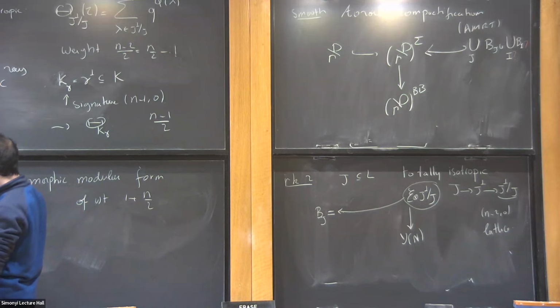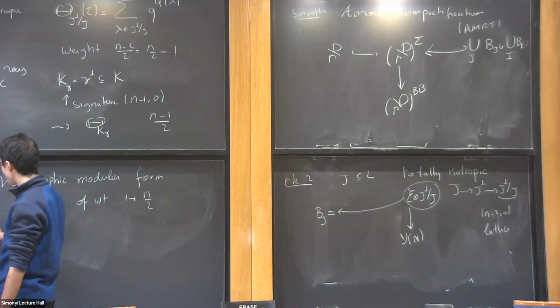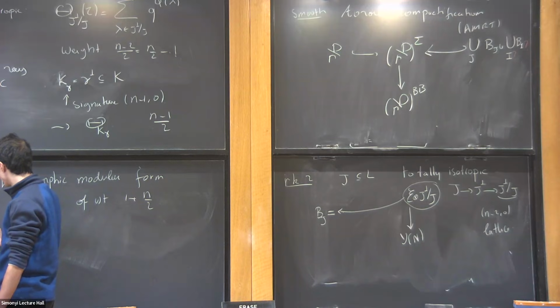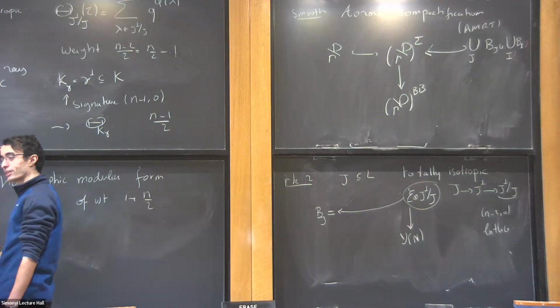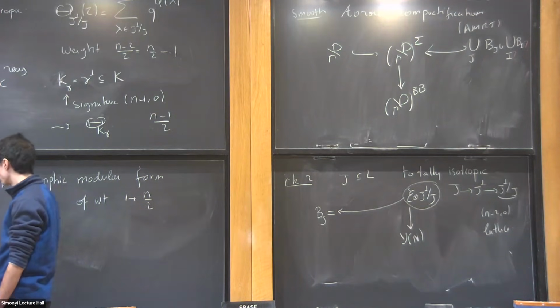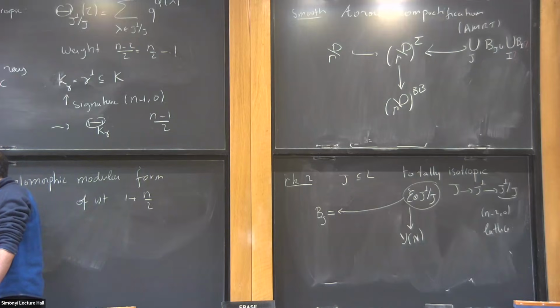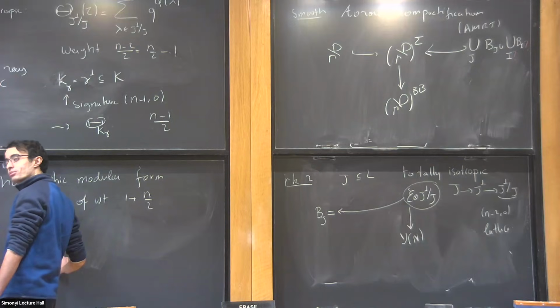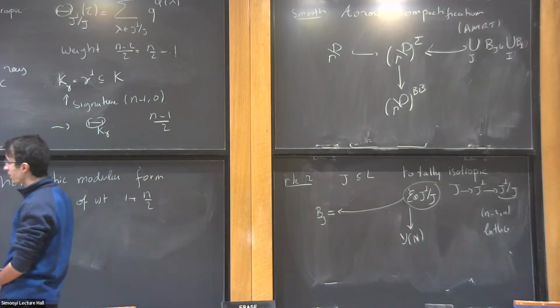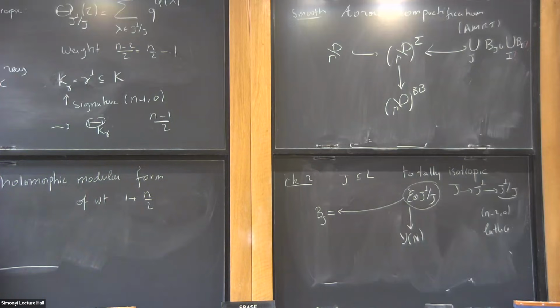But E2, you just correct it somehow by 3 over pi y or something. So the correction is concentrated in a single term. And then the bigger one, you correct it by this big series. In fact, here we see both behaviors appear. In the case where we were in the 2,2 case, we did not see this term, we only saw this one. And in the modular curve case, we did not see this term, we only saw this term. So the general case is a combination of both behaviors.